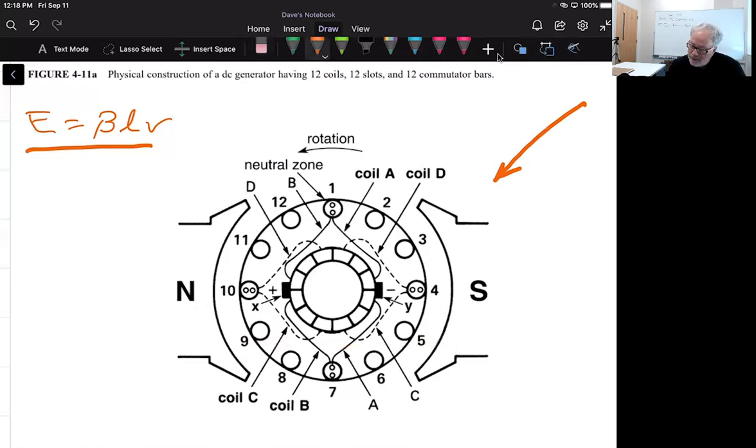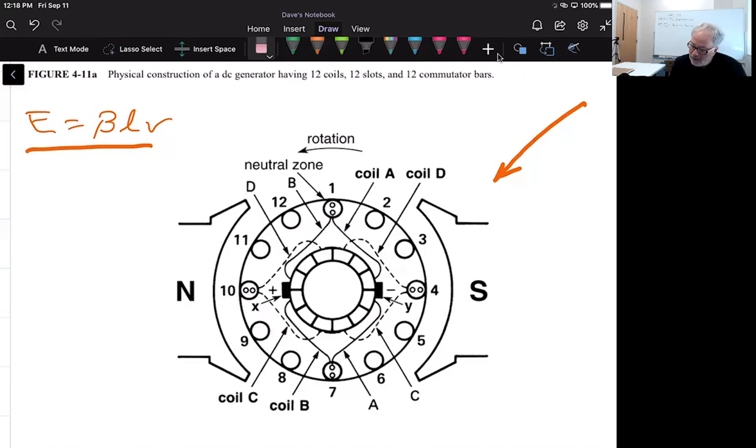And then the other thing that we want to look at is, here are the coils, and each one of these coils is laid into a slot around the outside of the armature.